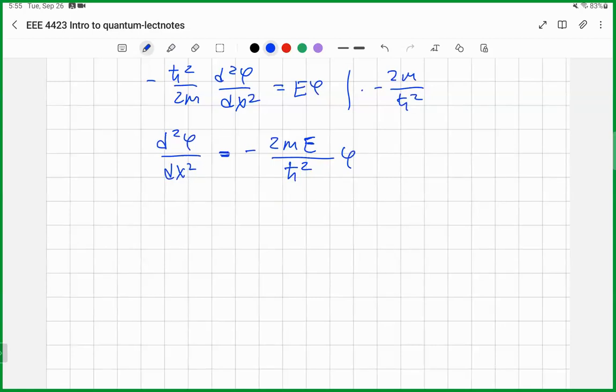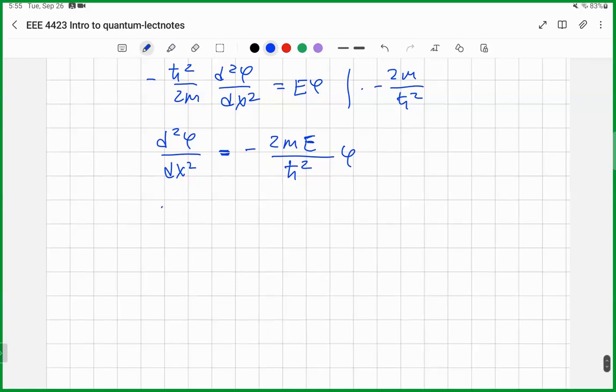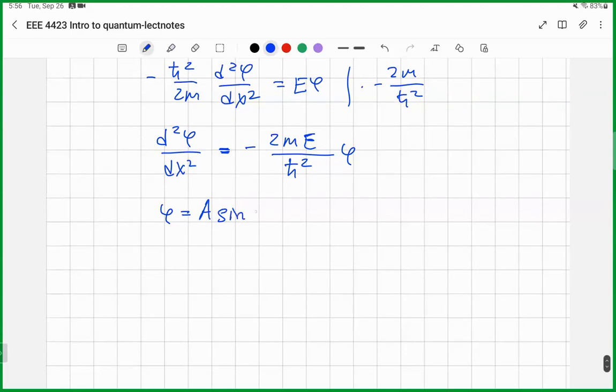Since this is a standing wave, it's going to be a superposition of two waves with different phases and different amplitudes. Anyway, we can make this ansatz and look for the solution in this way: some amplitude a times sine kx, plus b cosine kx.